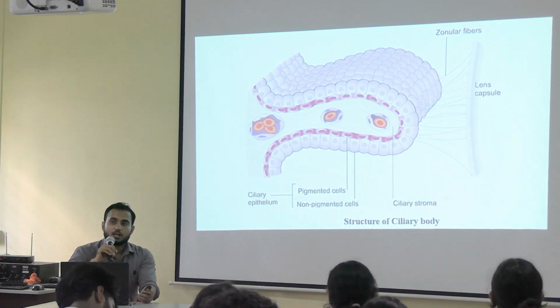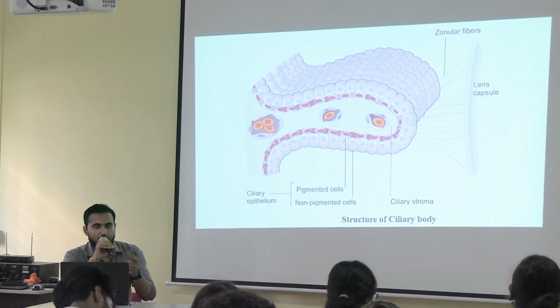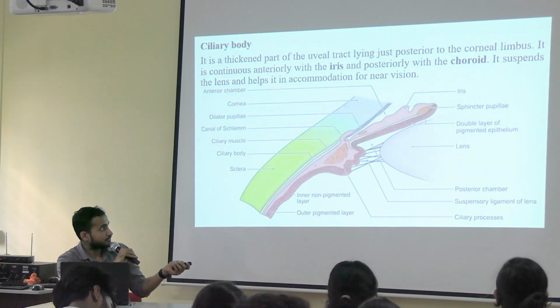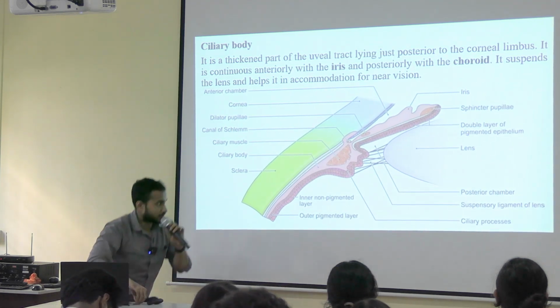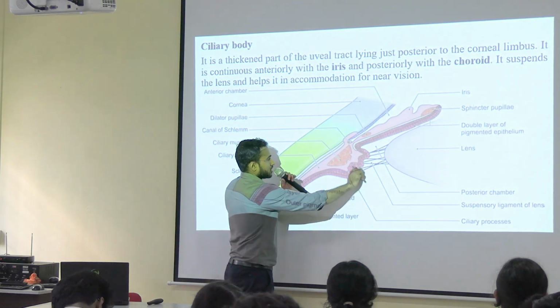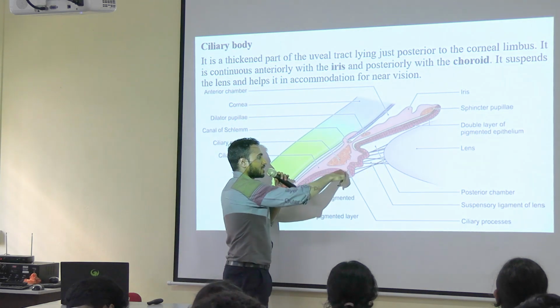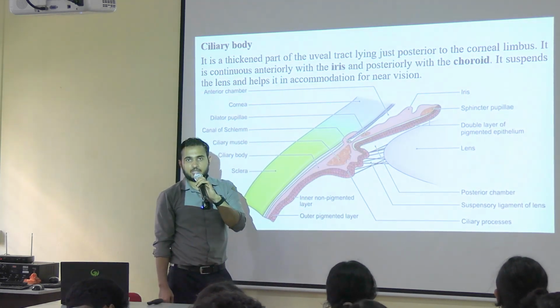Now the ciliary processes. Let me show you the first diagram. So from the ciliary body, you can see the projections which are coming out, and these projections are also lined by the double layer epithelium, bilaminar epithelium.